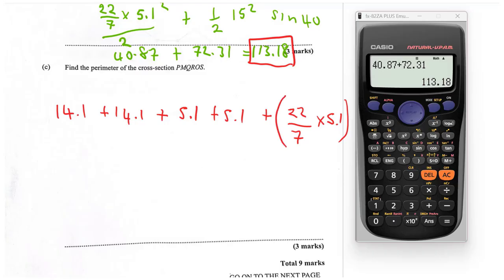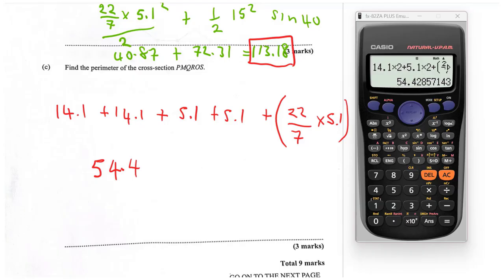Now we can add these in our calculator. So 14.1, we have 2 of it, so times 2, plus 5.1, we have 2 of it, times 2, and then plus, can use our bracket, 22 over 7 times 5.1. And that gives us 54.4.